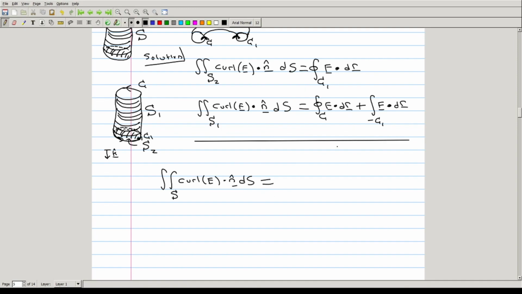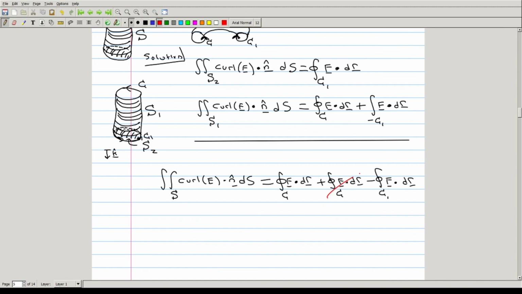This tells us that this is going to be the line integral over C of F dot dr, plus the line integral over C1 of F dot dr, and then plus the line integral along C1 with a reverse orientation, or minus the line integral along C1 of F dot dr, when I add all these things together.